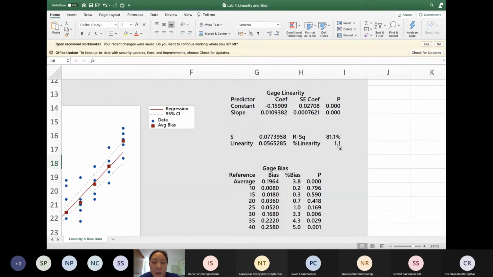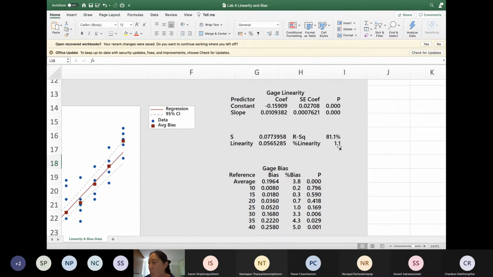Do I have to answer whether it is acceptable or unacceptable? Yes, accept or not. You take a look at the percent linearity of 1.1, but you have to compare it with the acceptance criteria, so you have to tell me the criteria and then compare.